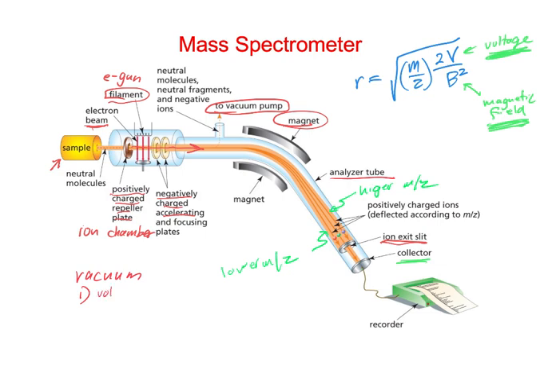Okay. And the second thing is it helps make sure that the fragmentation reactions that take place are all unimolecular. So we just want the molecules to break apart. We don't want them, in this case, bumping into each other and reacting with each other.